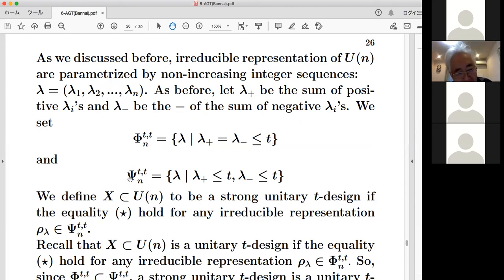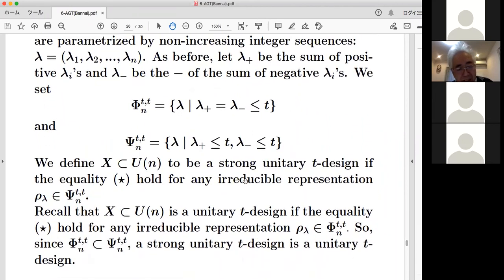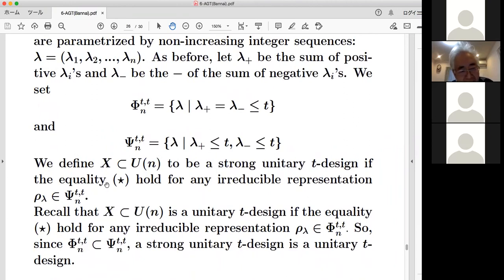On the other hand, we define psi sub n,t as the set of integer sequences lambda such that lambda plus is at most t, and also lambda minus is at most t. And we define a finite set X in U(n) to be a strong unitary t-design if the equality star holds for any irreducible representation rho sub lambda appearing in this set.